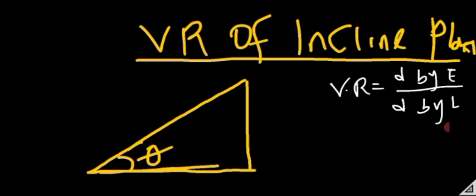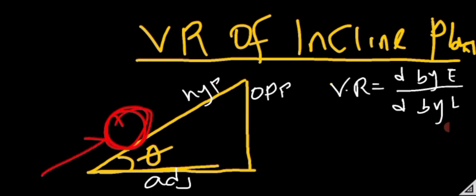Now, what is the distance moved by effort here? Remember that in this triangle, this place is the opposite side of the triangle. This side is the hypotenuse because it's the longest side, and you know this is the opposite because it's directly opposite to the angle, right? And the remaining part becomes the adjacent, right?